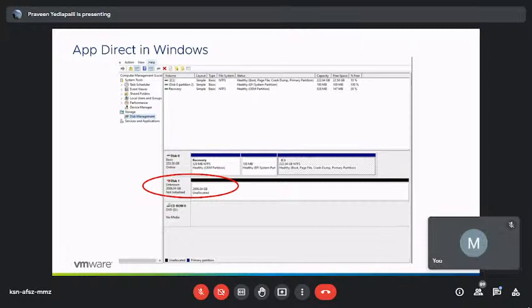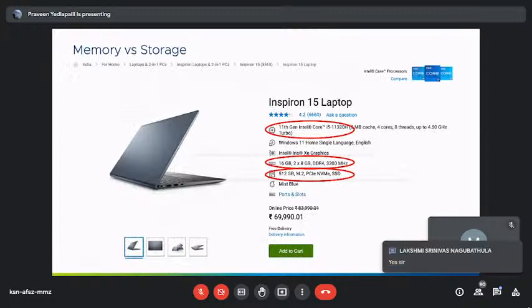There is one more question. Can we use them in the current 11th generation PCs, or do they require sophisticated devices? Like here, I'm showing an example of 11th generation Intel. Yes, we can use it in 11th generation.